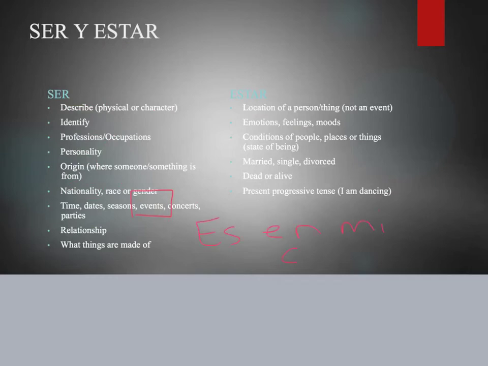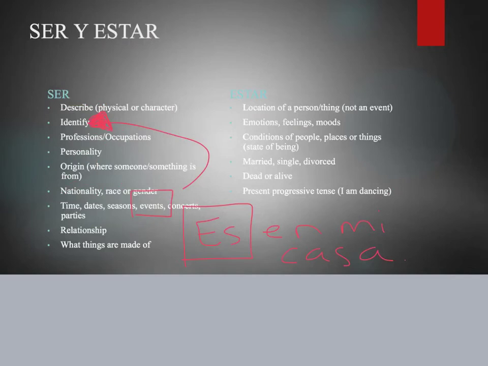A lot of us want to say, está en mi casa. And you could say it. I say it sometimes too, but if you're talking about a place where something would happen, an event, where would it be celebrated? Where is it going to be celebrated? You're going to use the verb es because you're identifying, again, which party it is. So which birthday it is, it's the one, and it's at my house.